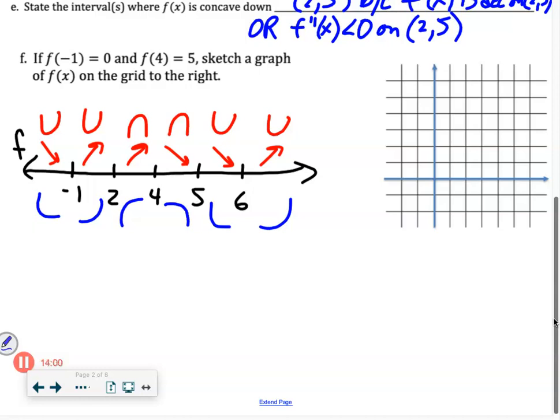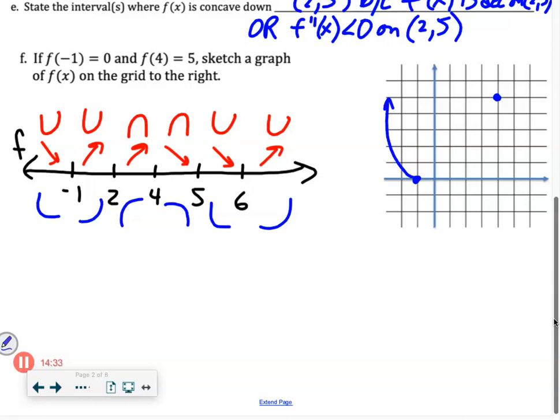All right, so let's look at what we were told. F of -1 is 0, and f of 4 is 5. That's all we've got. We have no other numbers in between. We do know that it goes from -infinity to infinity. So we go from -infinity to -1, decreasing in this shape.